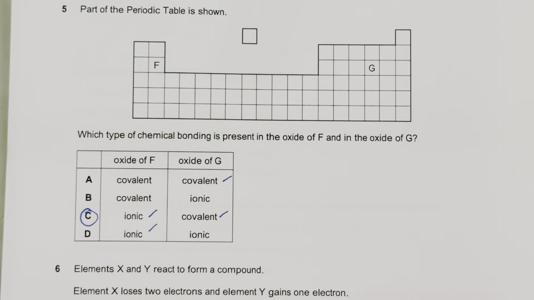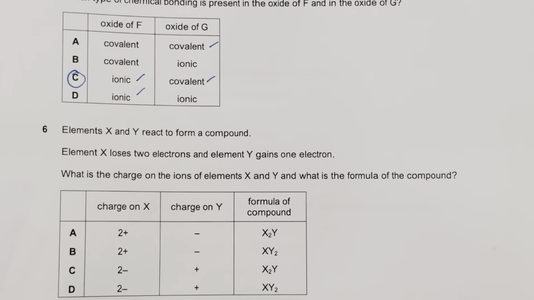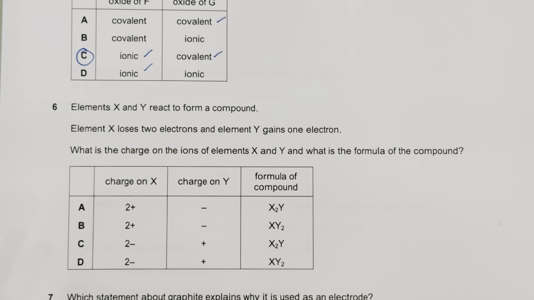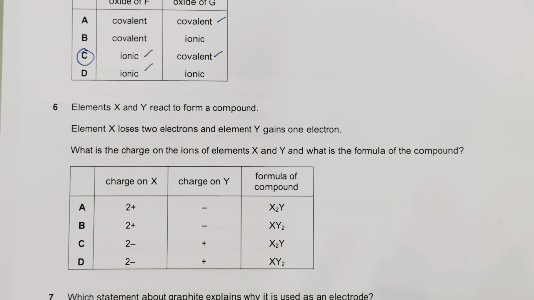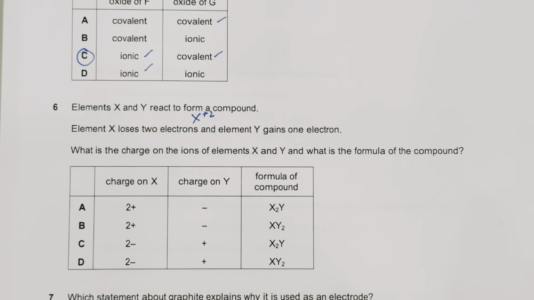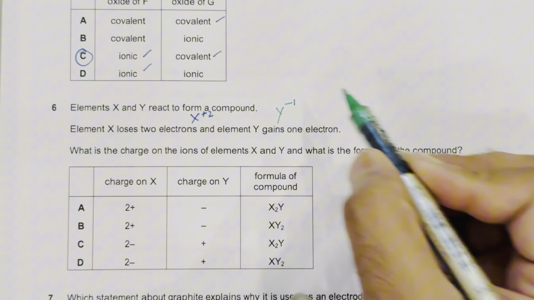Moving to question number 6. Question number 6 is that elements X and Y react to form a compound. Okay, element X loses 2 electrons. It means it forms an X positive 2 ion, and element Y gains an electron. When element Y gains an electron, it would form Y minus 1.